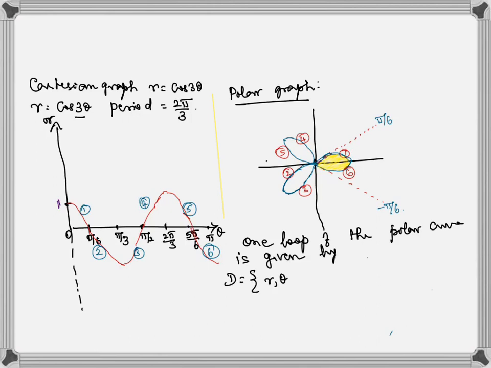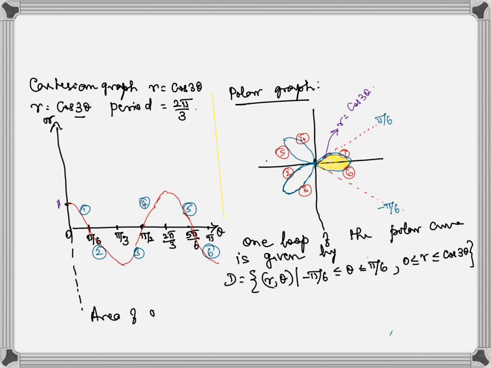The polar region over which the curve is defined is the set of all r, theta, where theta runs from negative pi by 6 to pi by 6. That's what the graph shows. And r runs from 0 through cosine of 3 theta, which is the equation of the graph. We are going to find the area using a double integral.